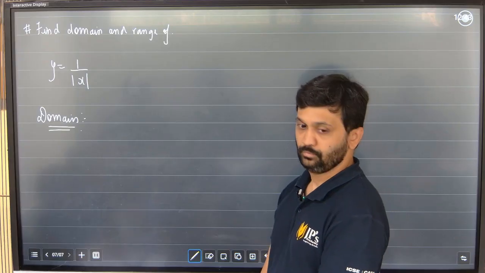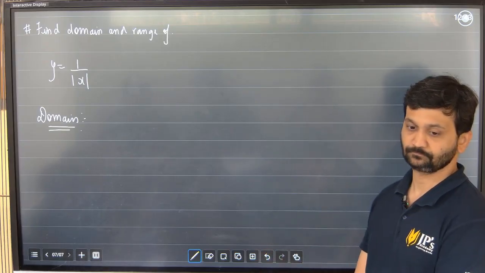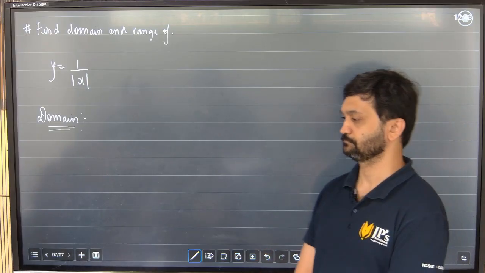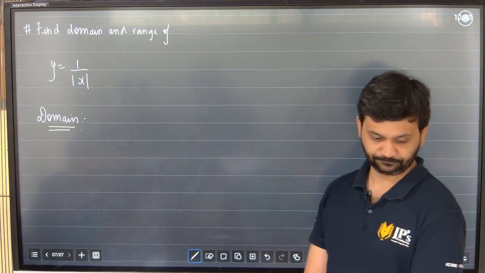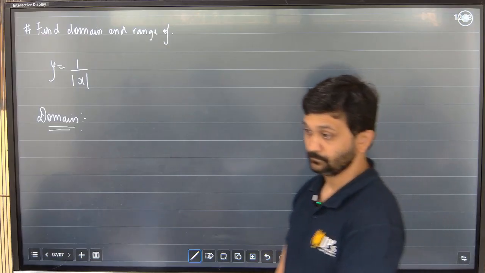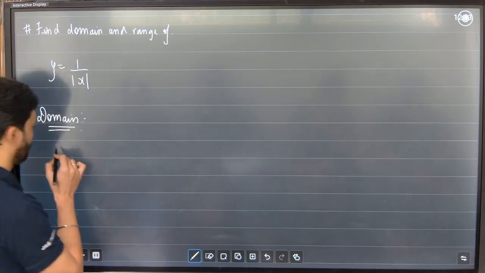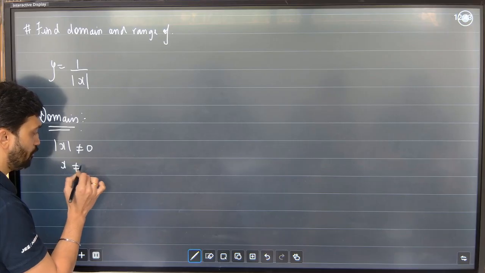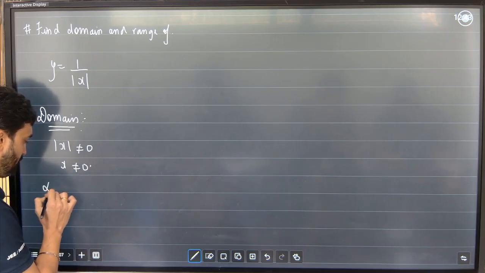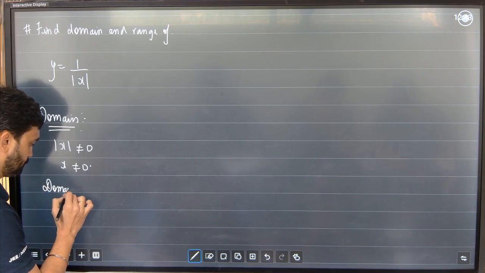All rational numbers. What is the basic rule of math? Except 0. Denominator should not be equal to 0. So mod of x should not be equal to 0, मतलब x should not be equal to 0. मतलब my domain is what? All rational numbers except 0.